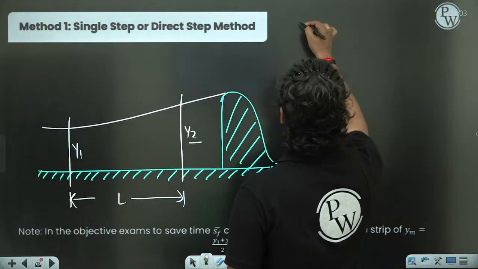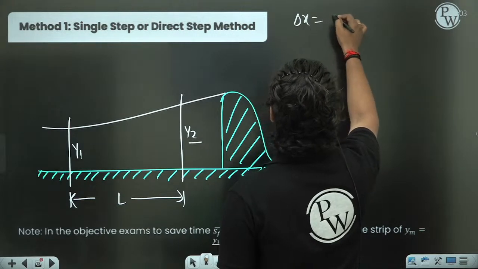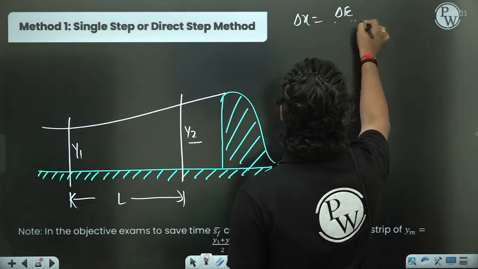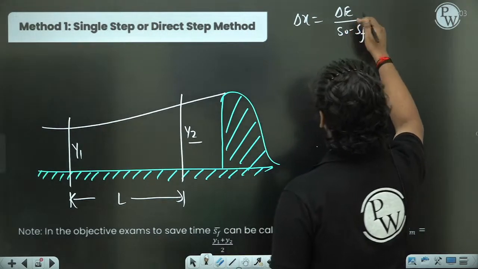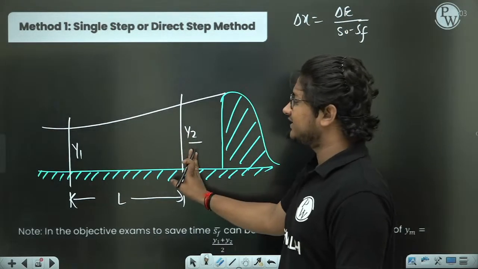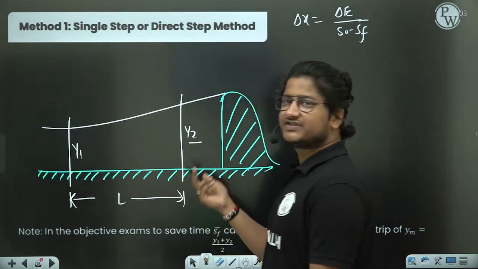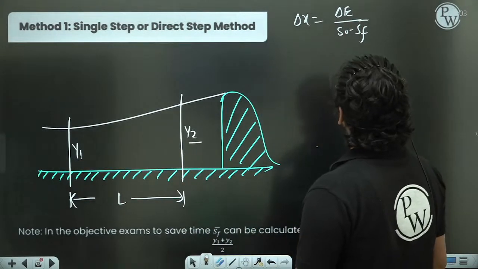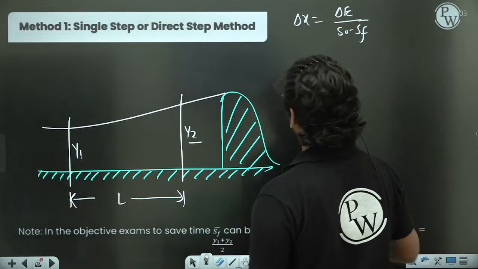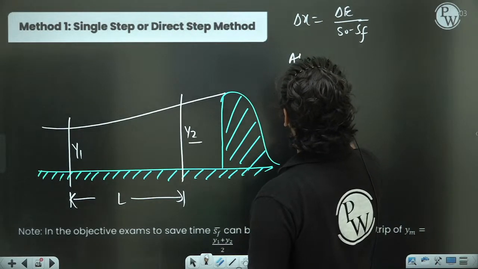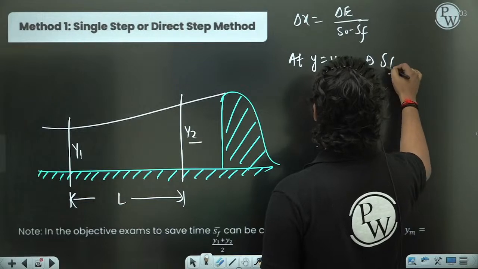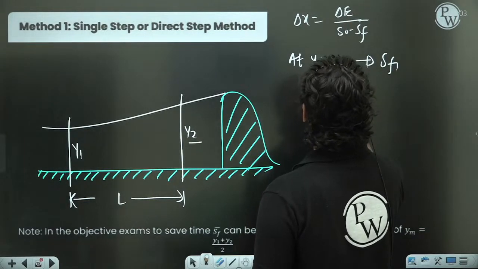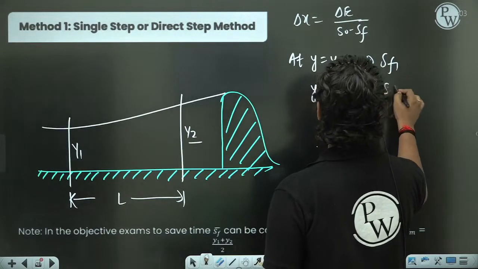See, the formula is delta x is equal to delta E upon (S naught minus SF). S naught will be given to you. Delta E you can find out, the difference of E1 and E2. Now SF: at Y equal to Y1 you will have a different SF1, and at Y equal to Y2 you will have a different SF2.